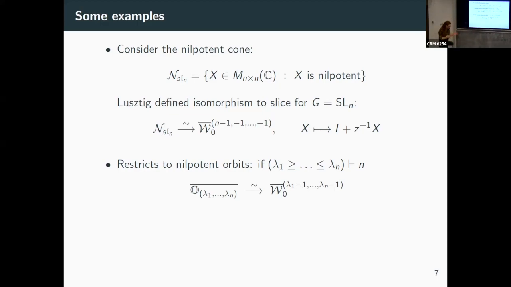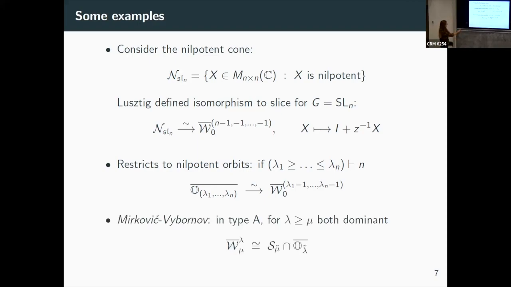So you can think that this is some class of varieties that includes all nilpotent orbits of type A, for example. In fact, there's a very nice result of Mirković and Vybornov. They said that in type A, if we have lambda and mu both dominant, which again is this affine Grassmannian slice, not generalized, then these affine Grassmannian slices of type A are always a nilpotent orbit closure intersected with a Slodowy slice, or various slices.